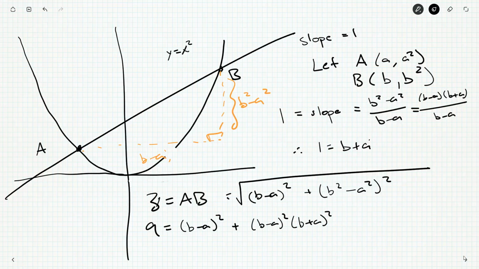Oh, it does. It's going to factor as b minus a squared, and then this becomes b minus a squared, b plus a squared, because we'll slow it down for a moment. We still have the whole thing squared, but b squared minus a squared is b minus a, b plus a. And now the squared gets applied to both of them.